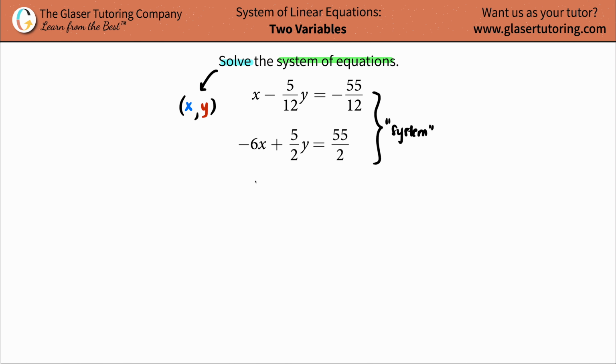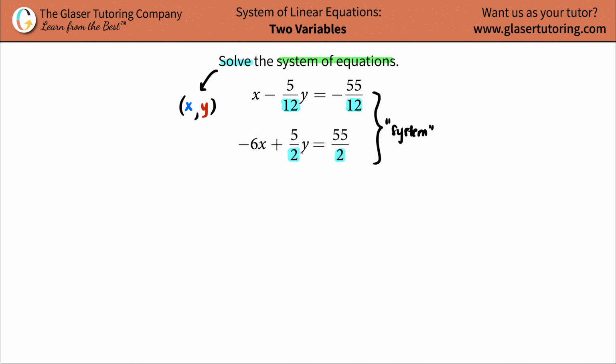So maybe what I'll do is try to eliminate one of the other variables. What I see here is that the denominator for the top function, the linear line, is a 12, and the denominator for the other fraction is a 2.